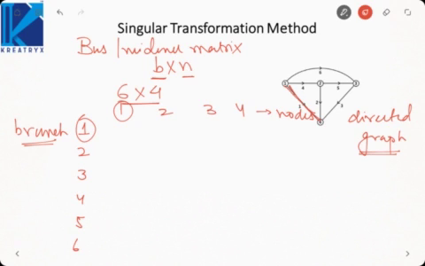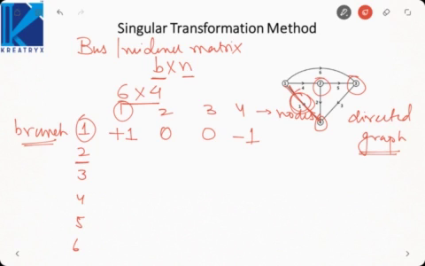If it is outgoing, the element will be plus 1. First branch at second node: this branch is not connected to this node, so it will be 0. First branch at third node, it is not connected, so it is 0. First branch at fourth node is incoming, so it is minus 1. So any outgoing branch at a node is represented by plus 1, incoming by minus 1, not connected by 0.